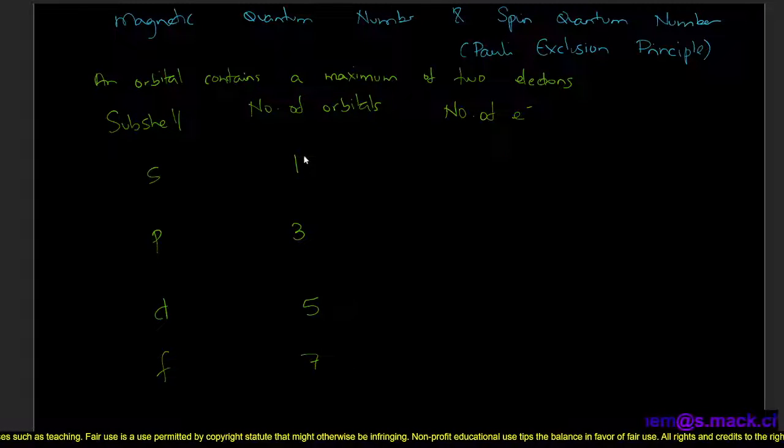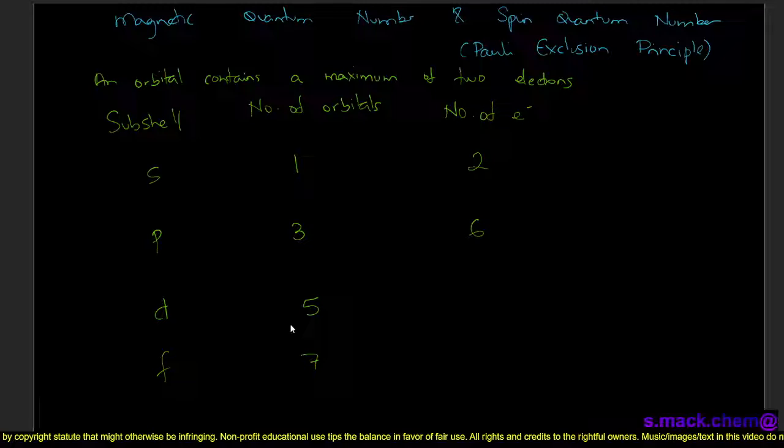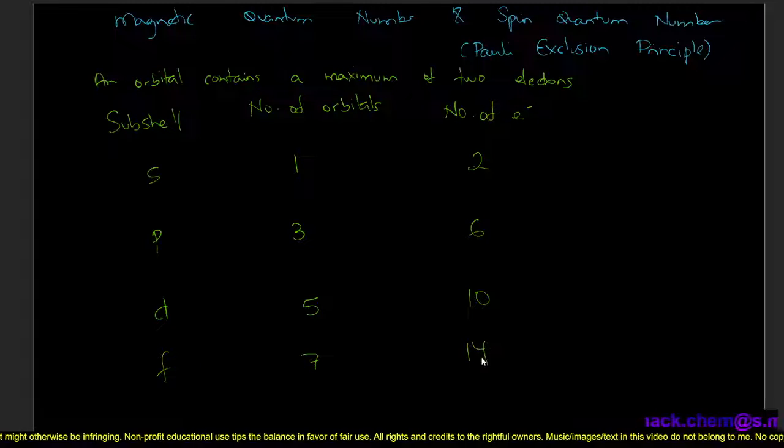So if the S subshell has one orbital, we're going to find 2 electrons. If the P subshell consists of 3 orbitals, we're going to find 3 by 2, which is 6 electrons. The D subshell has 5, so I'm going to fill in the total maximum number of electrons found in each subshell.